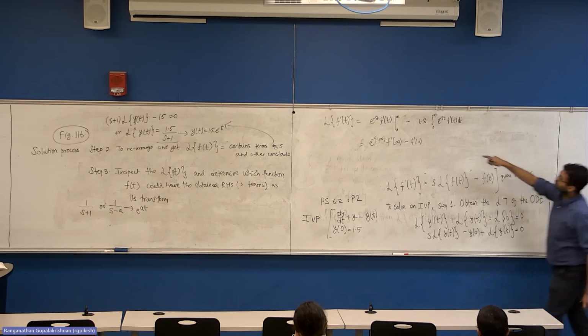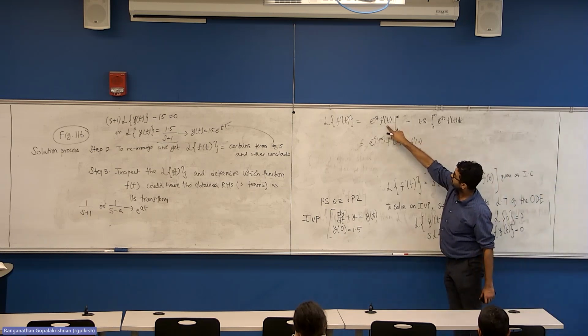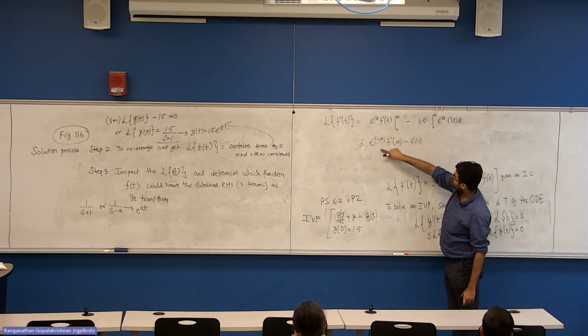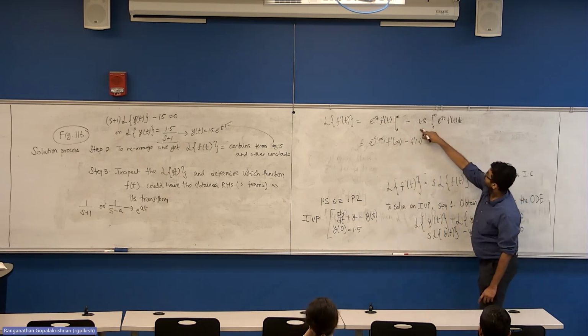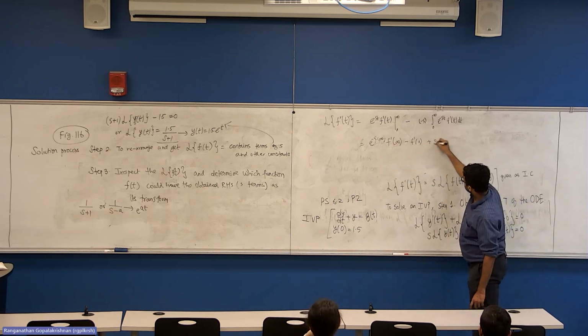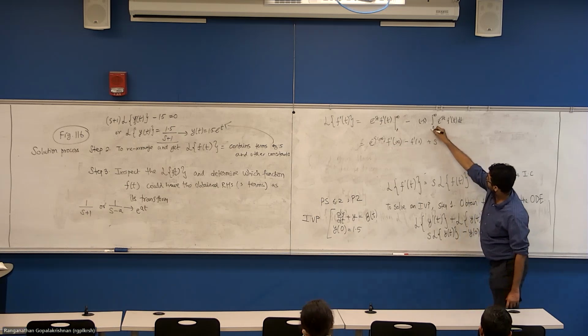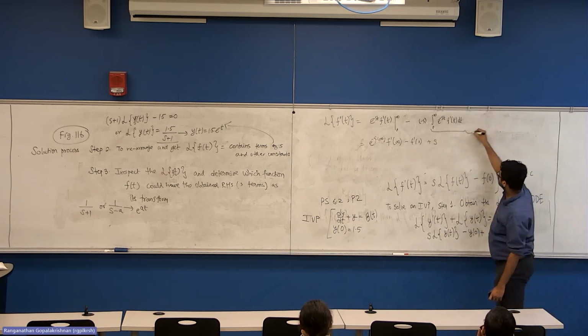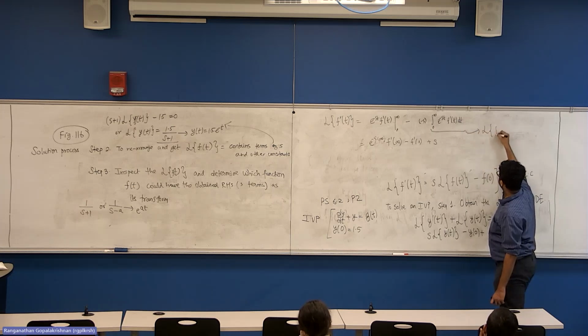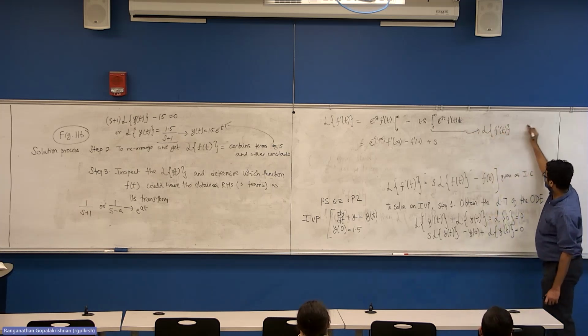Because this integration was done with respect to time of f dash of t, there is no divided by s here. Okay. The other term is plus s times, what is this? We just saw that result. This is the Laplace transform of f dash of t, and you already know the formula for this.